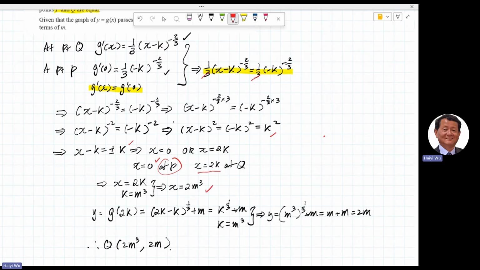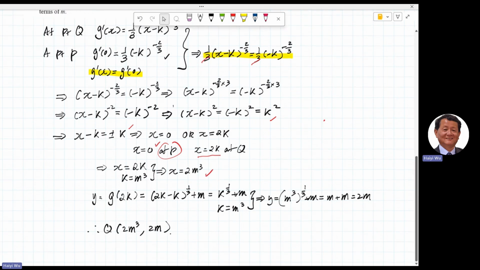So x is that. Now, we need to find the y. How do you find the y? We substitute 2k into the original function g. So 2k minus k is k, to the power of 1/3, and then m. Then replace k with m to the power 3. So m plus (m to the power 3) to the power 1/3.